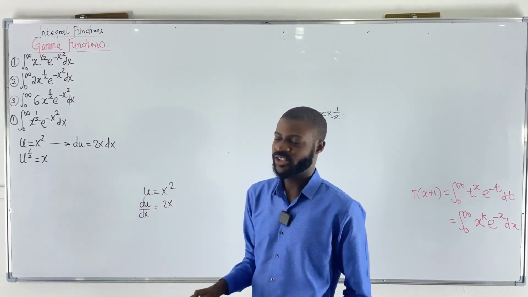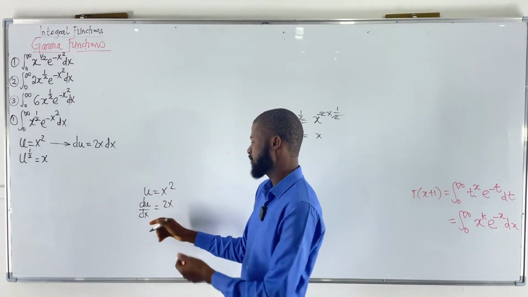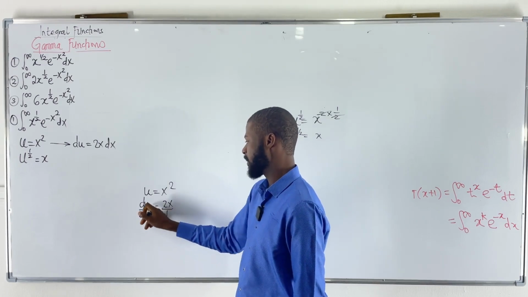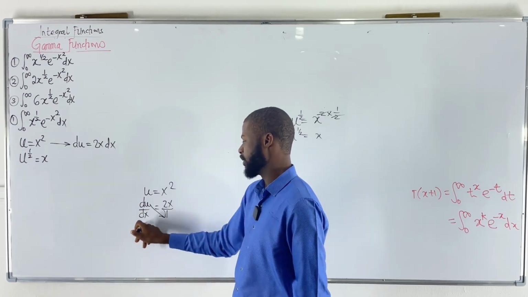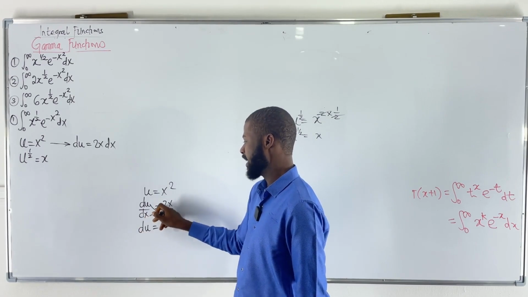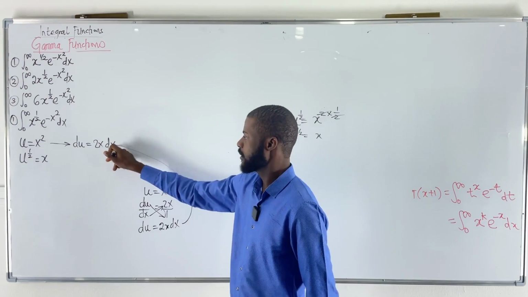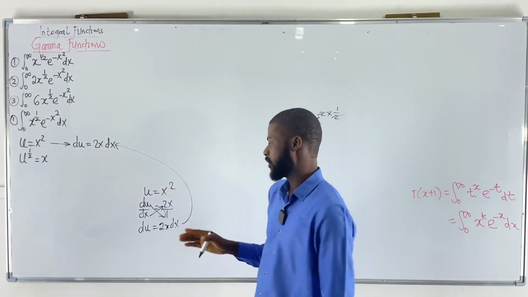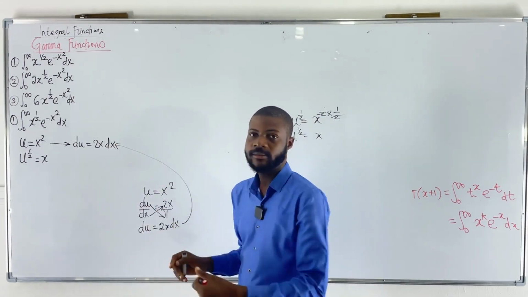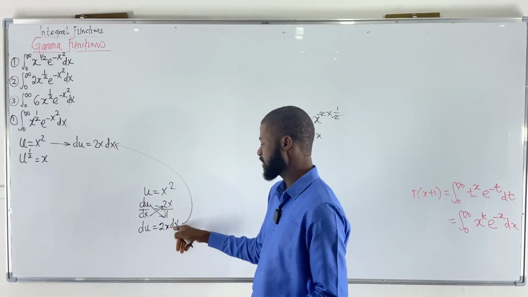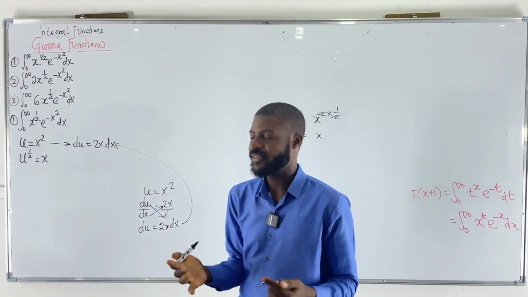But to save myself the stress of always doing du dx, I could just say that when I cross multiply, du times 1 is du, then dx times 2x is 2x dx. So that's just the same answer as that. Instead of doing this, I'll just say this.